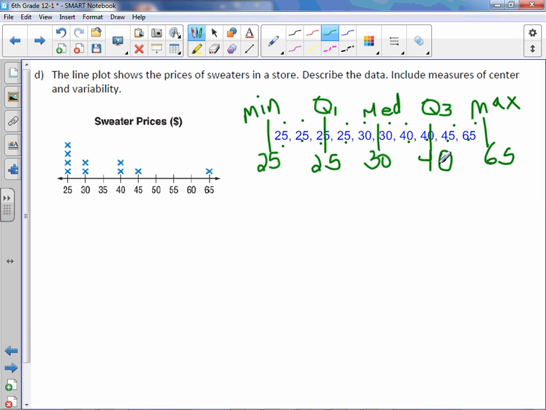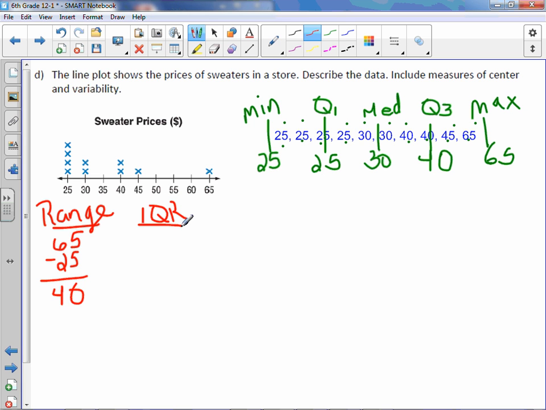And I'm going to go ahead and find my range and interquartile range as well. Range, I take the maximum minus the minimum. And I get a range of 40. The interquartile range, I take quartile 3, which is 40, minus quartile 1, which is 25. And when I do that, I get an interquartile range of 15.